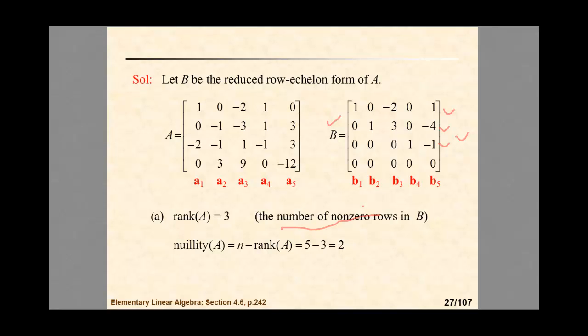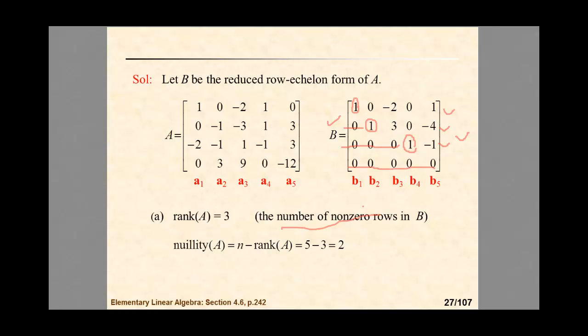Another definition of rank is the number of leading ones. Moving from left to right, we have a leading 1 in the first row and a leading 1 in the second row. In the third row, moving from left to right, we find the leading one at the fourth column, and in R4 moving from left to right there is no leading element.